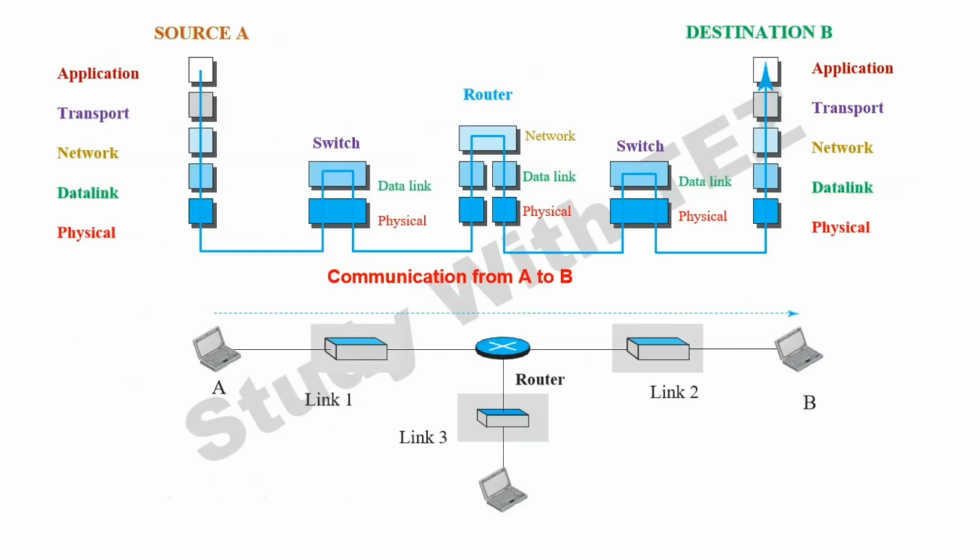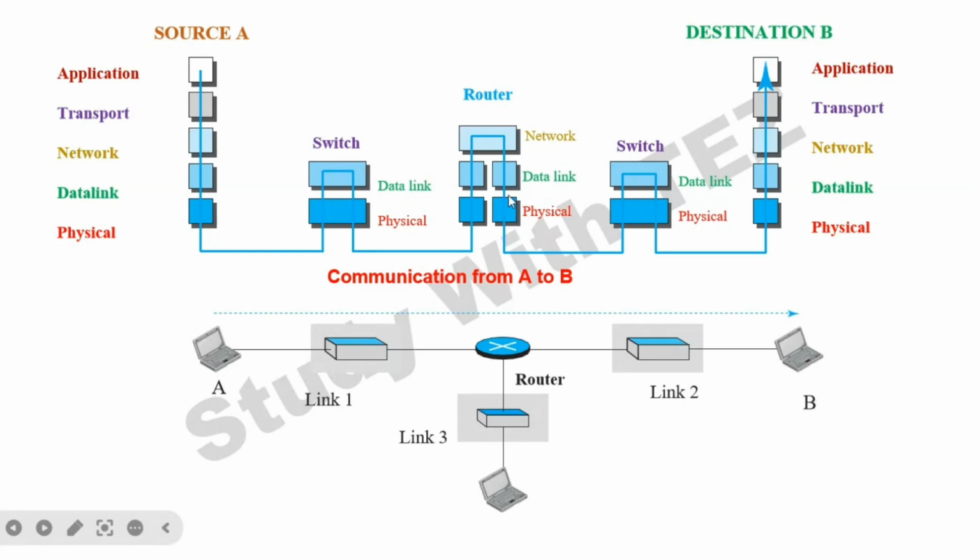Let's see the diagram. Here, let's assume computer A wants to communicate with computer B. Here we have five communicating devices: the source, the destination, and three links, link 1, 2, and 3.